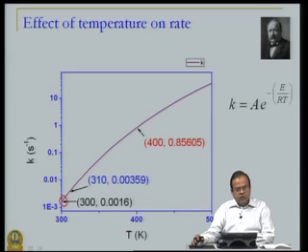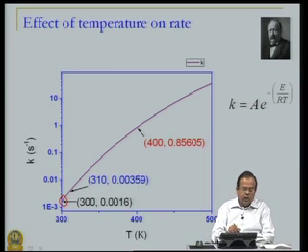If I increase temperature by 10 degrees, that means close to a 3% increase in temperature, what happens to my rate constant? It also increases, but the increase is not as dramatic.